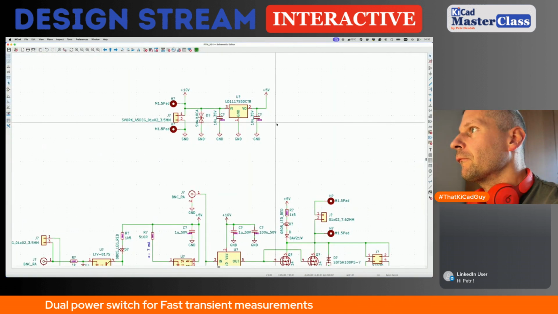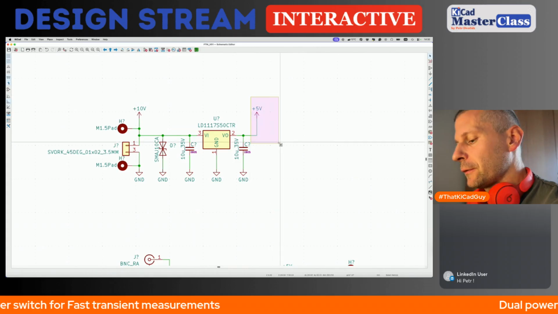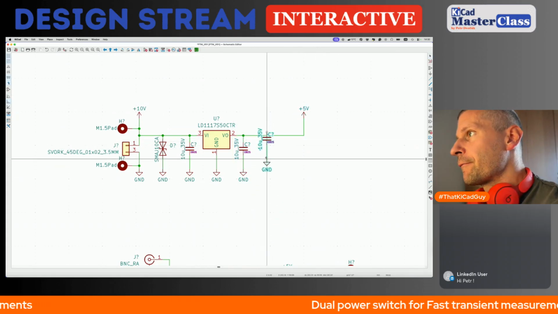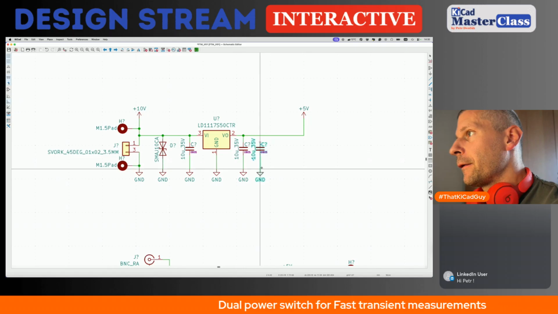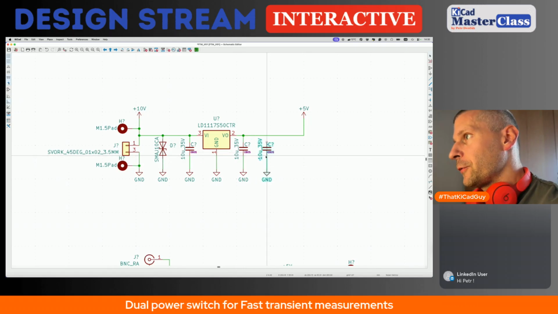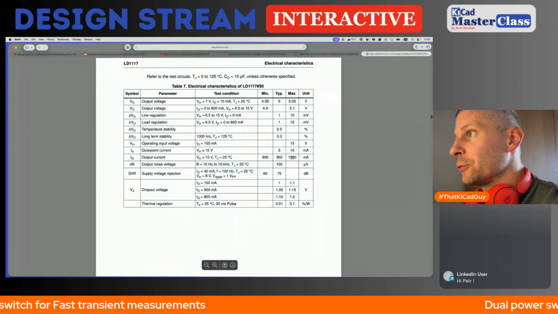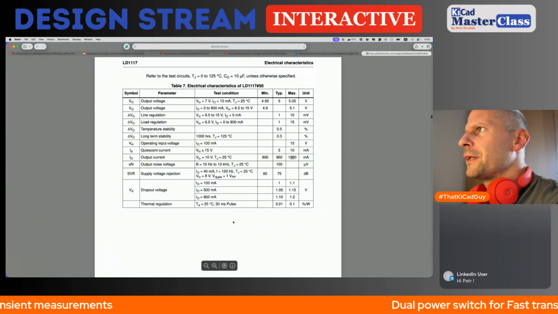So let's say that I will use a few of these, but let's get back to the datasheet of the LDO.